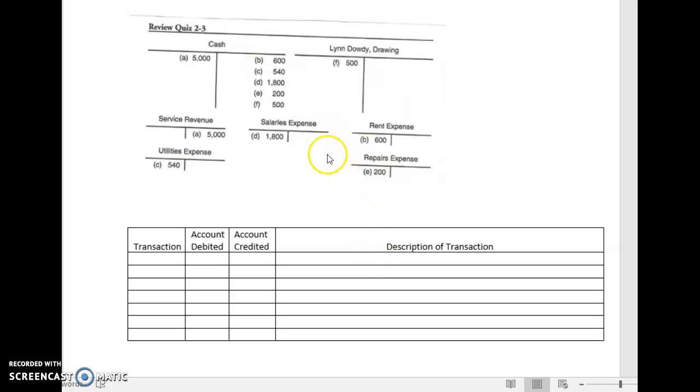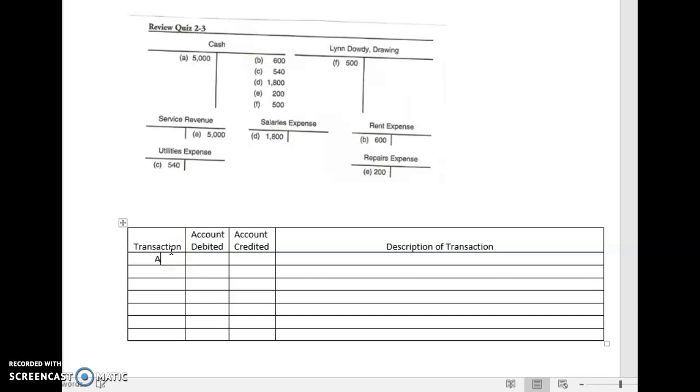And I'm going to take the review quiz 2-3 that we used the other day, and I'm going to take these T accounts apart and show them as an example, and then you'll have a turn to do your assignment. So the first thing we do, we're going to be completing this form here, and we're going to take transaction A, that's the first one, so we always want to identify our transaction.